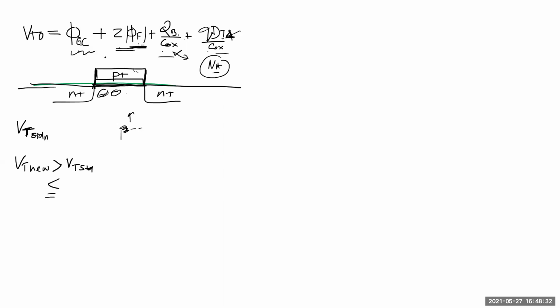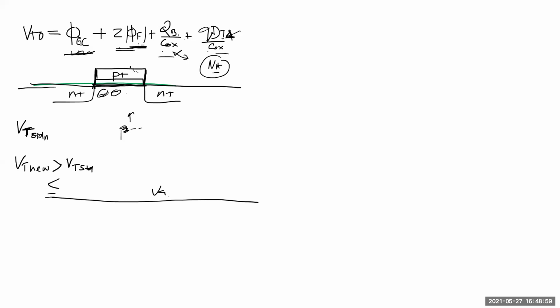What about this one, phiGC? So what is this contact potential? If you remember when we drew it, this is your vacuum level, right? And then your n plus.